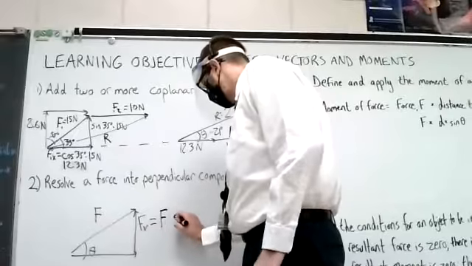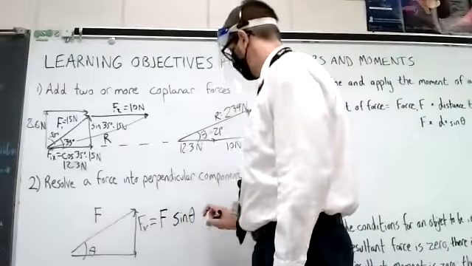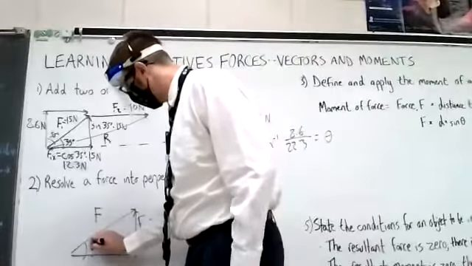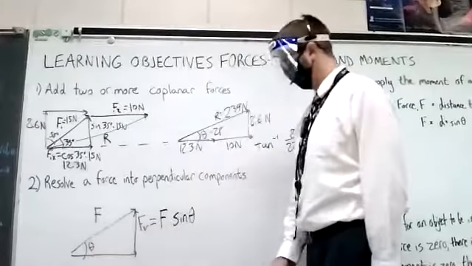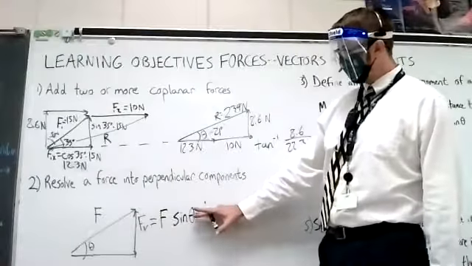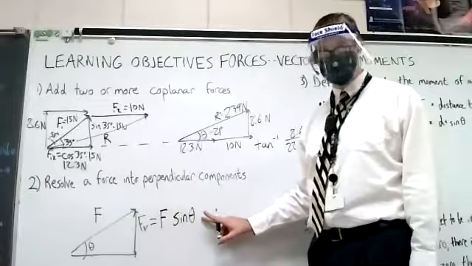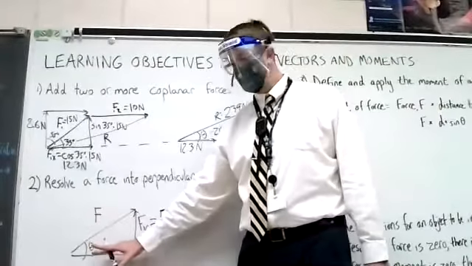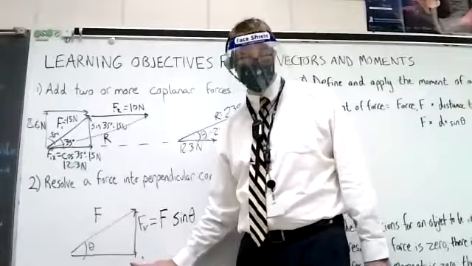Force times sine theta. This only works when we're measuring theta relative to the horizontal, the positive x-axis, right? So the reason why the vertical component is F sine theta is because this angle is relative to the horizontal axis.